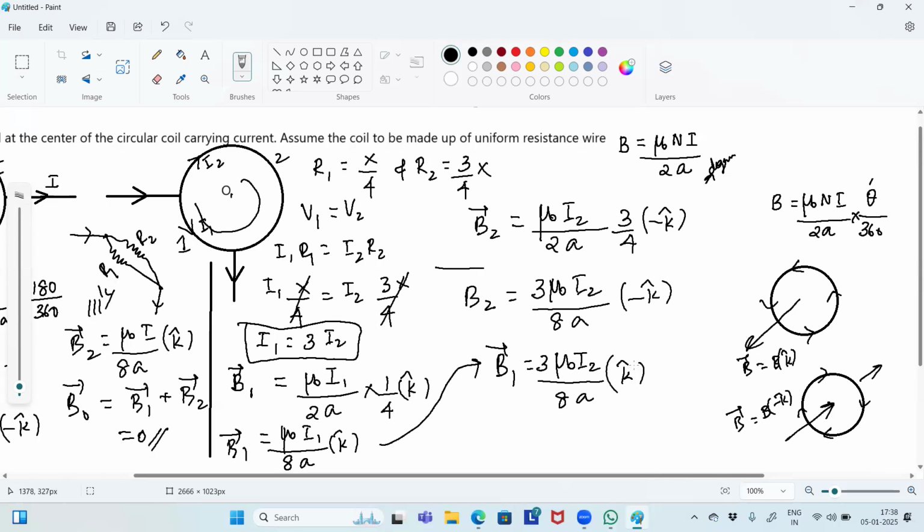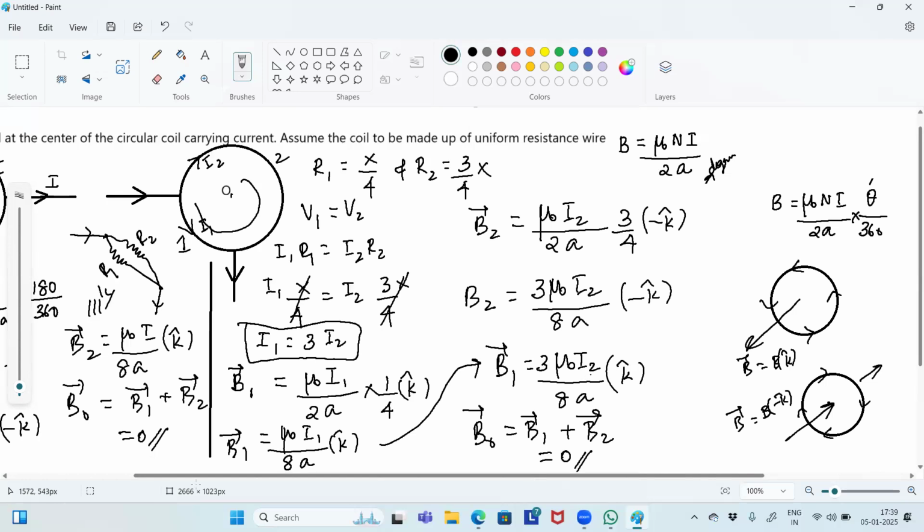So if you check these two fields, both are equal in magnitude but opposite in direction. So the net field at the center, when you add both, being equal and opposite, the net magnetic field becomes 0.